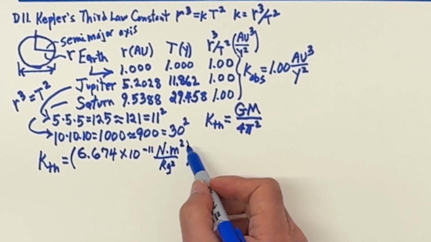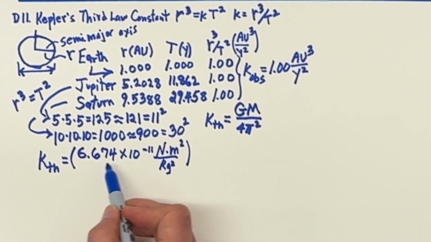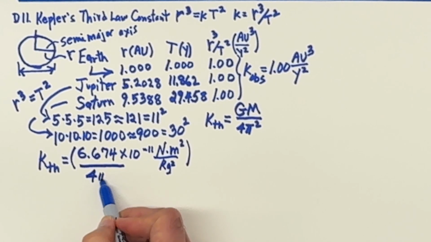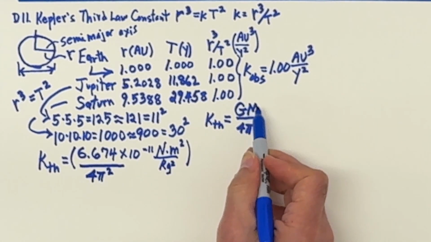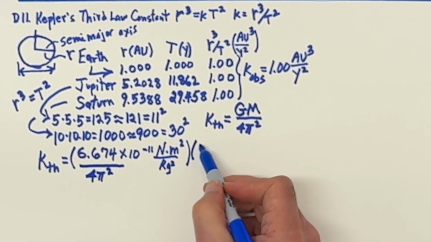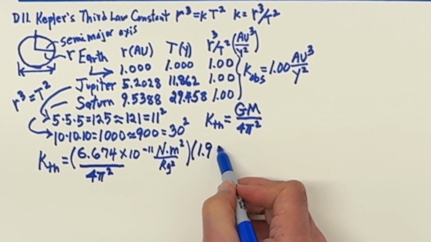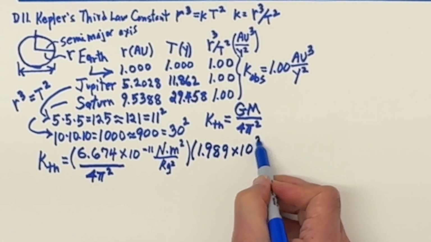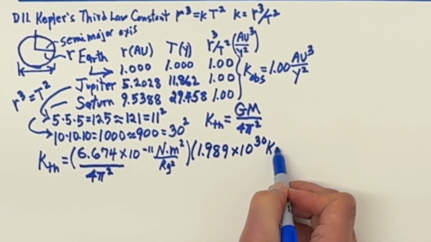And we're going to need to divide by 4 pi squared. And then we need the mass of the sun, 1.989 times 10 to the 30th kilograms.